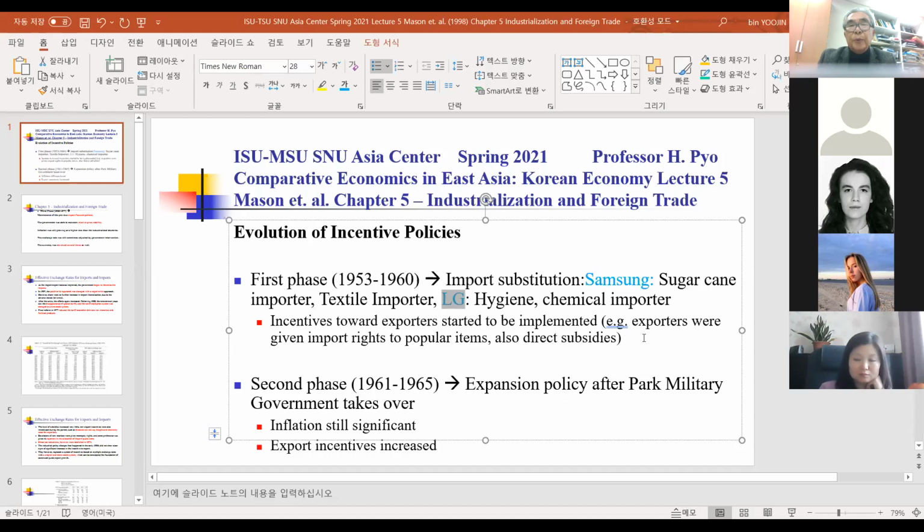For example, exporters were given import rights to popular items, also direct subsidies. And in the second phase, the expansion policy after the Park military government took over, inflation was still significant, but export incentives started to be increased.